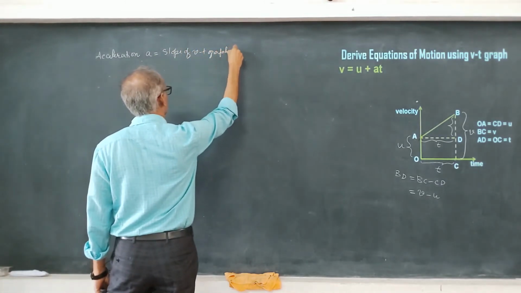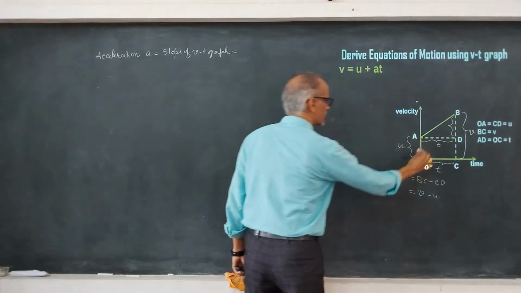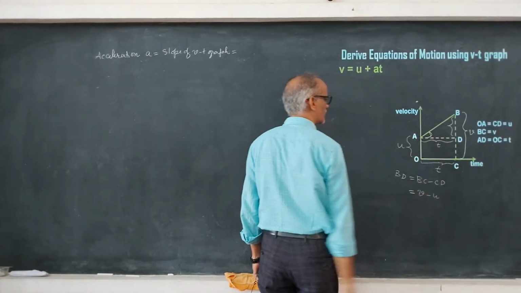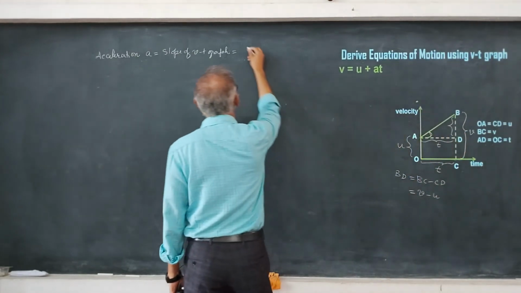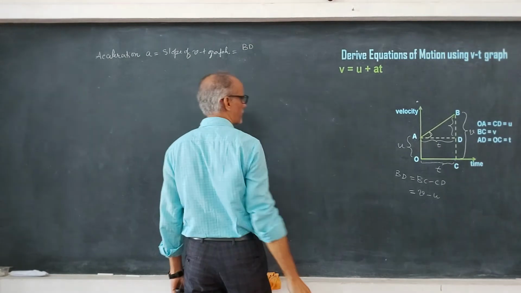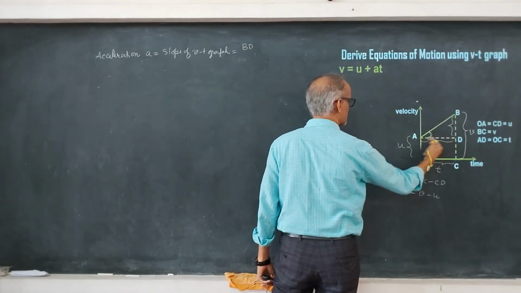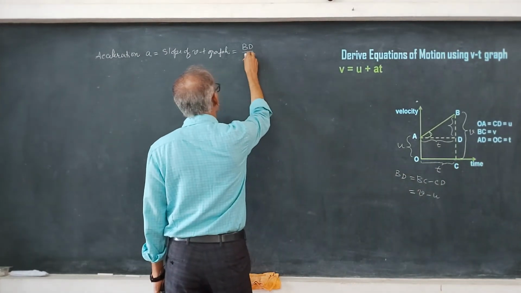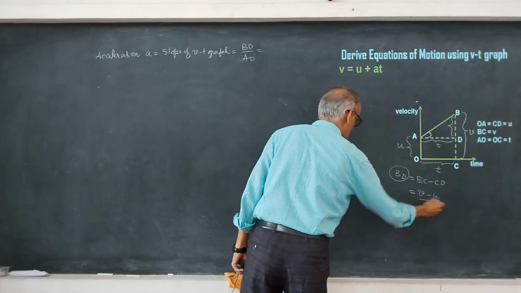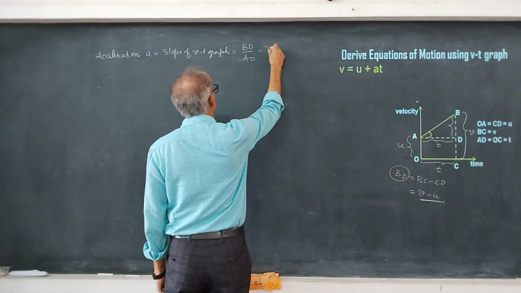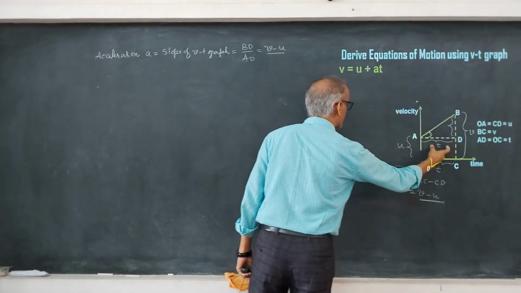Correct? What is the slope? The slope is, I have told you, the ratio of the change in y axis, which is BD, divided by the corresponding change in the x axis, which is AD. But we know the value of BD already. That's equal to v minus u, divided by AD, which is nothing but t.